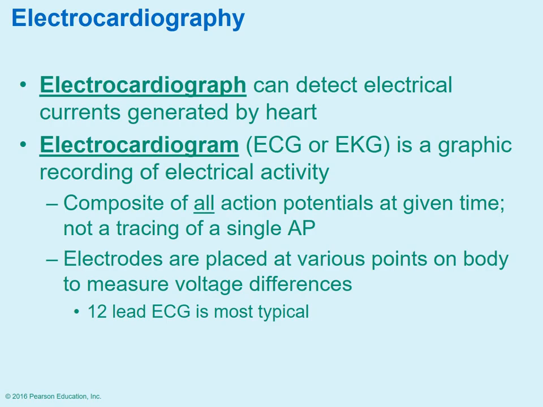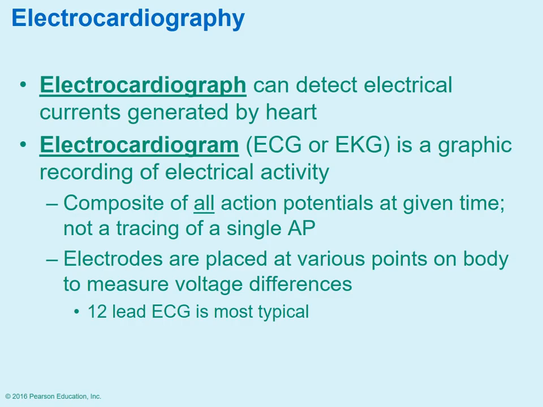An electrocardiograph can measure the electrical currents that the heart generates. The electrocardiogram, referred to as the ECG or EKG, is the graph that's recording that, and you typically get a printout of that electrical activity so that you can actually look at the pattern, look at the amounts, and take various measurements from it.